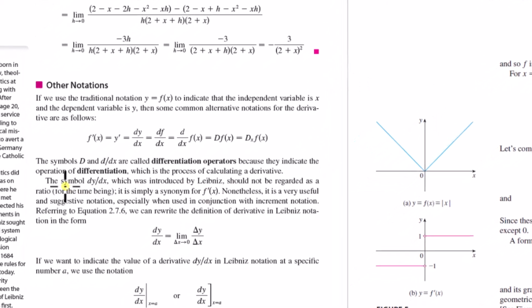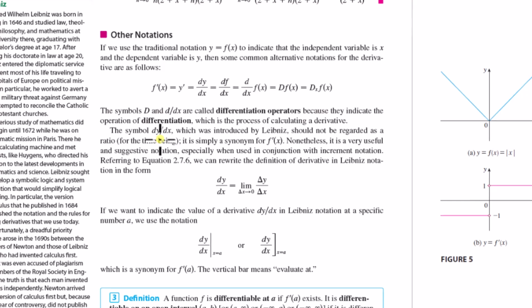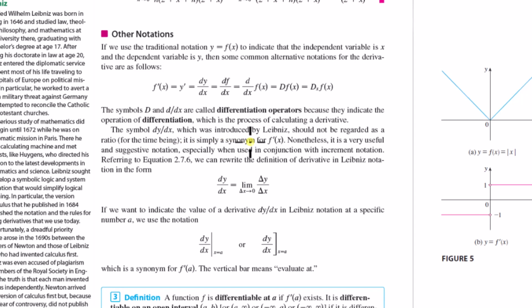Okay, now, the symbol dy over dx, which was introduced by Leibniz, Wilhelm Gottfried Leibniz, should not be regarded as a ratio for the time being. It is simply a synonym for f prime of x. Nonetheless, it is a very useful and suggestive notation, especially when used in conjunction with increment notation.